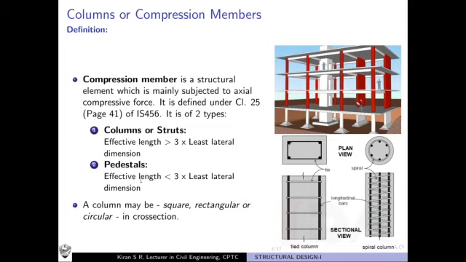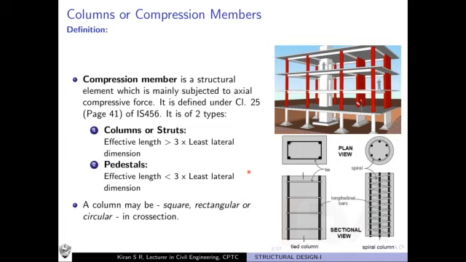So from which you can identify that the columns are kind of slender members, unlike pedestals. Pedestals are stocky in nature. Pedestals are stocky. They have the height which is less than 3 times the least lateral dimension.